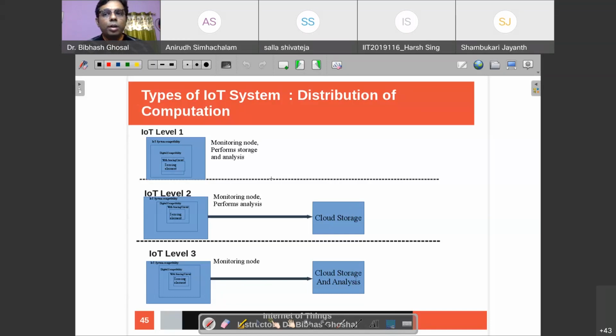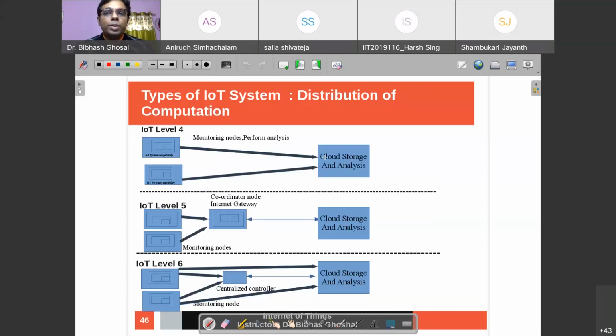IoT level 3 is the one where the node is only doing monitoring, only capturing the data, no analysis even. The storage and analysis were done in the cloud. This is the level 3 design. And in level 4, we went one step ahead and found that we can have many such sensor nodes, multiple sensor nodes.